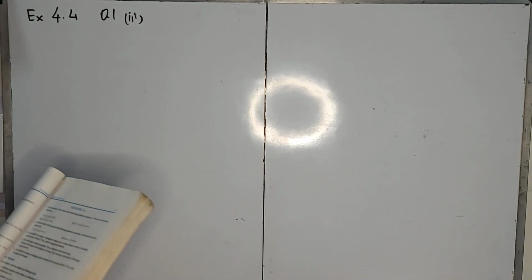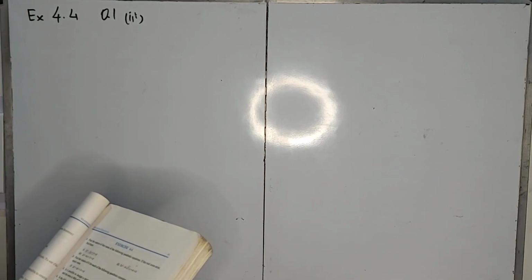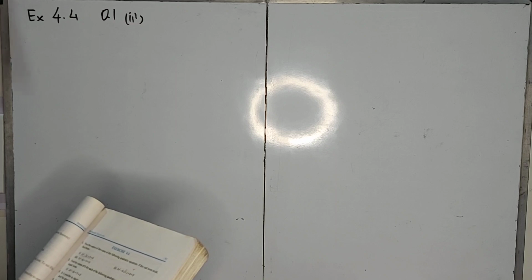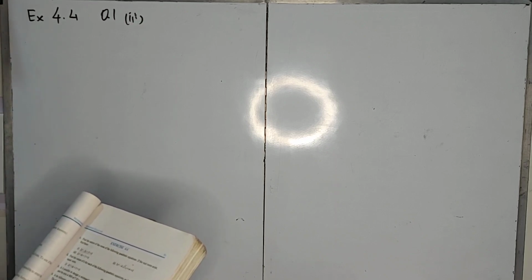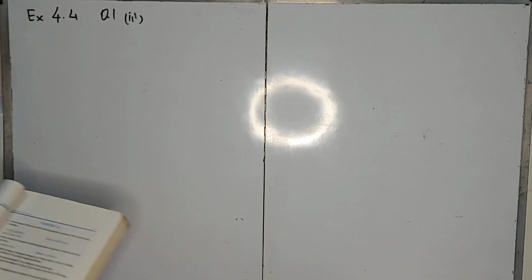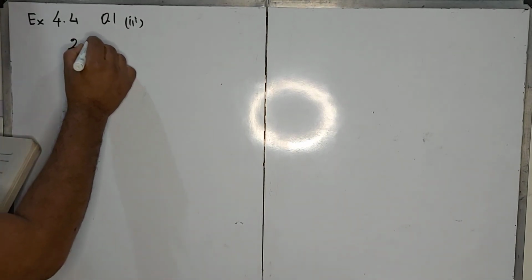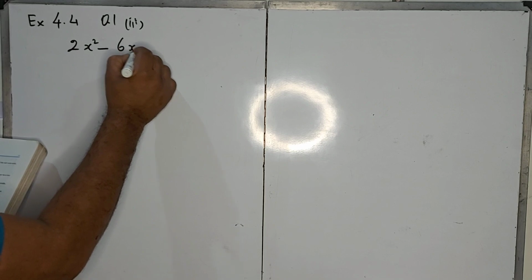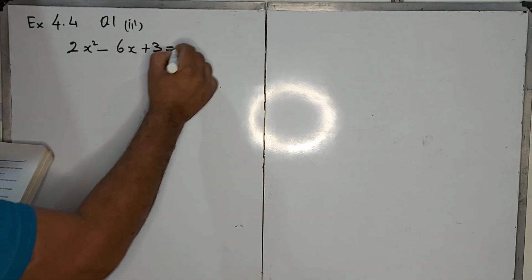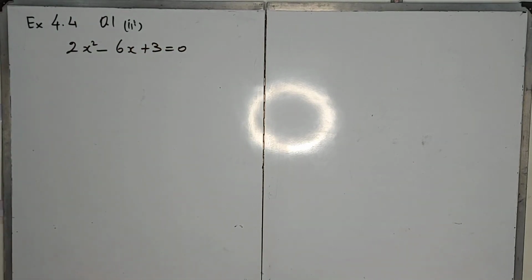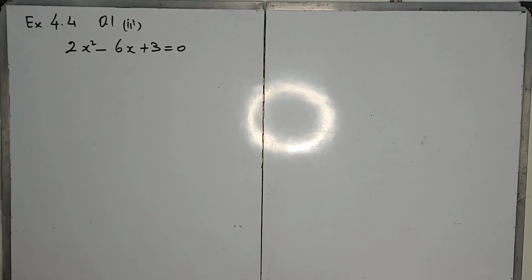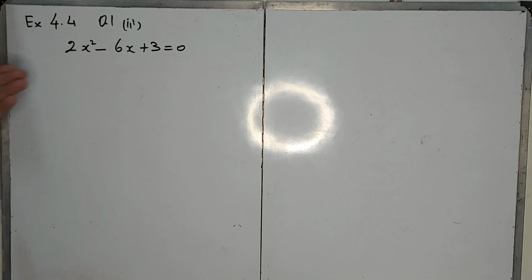In this question, find the nature of the roots of the following quadratic equation. If the roots exist, then find them. The equation is 2x square minus 6x plus 3 equal to 0. From this quadratic equation, first we find the nature of roots. If they exist, then we will find them.